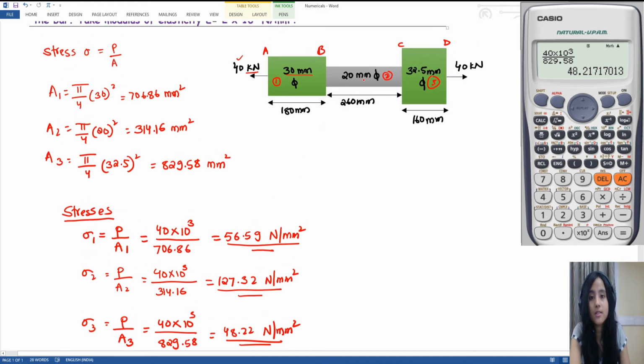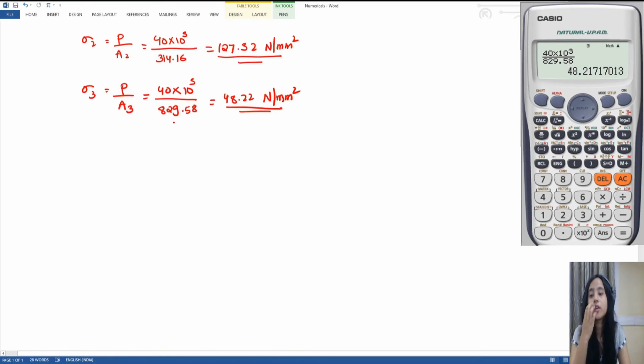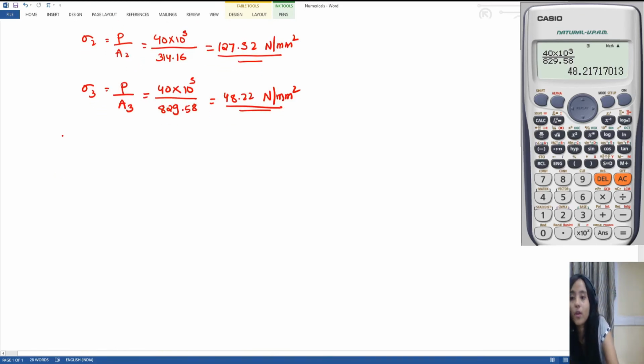That means this section, which looks like a neck part, is going under a lot of stress when a 40 kilonewton force is pulled opposite to each other. So now let us find the total elongation.